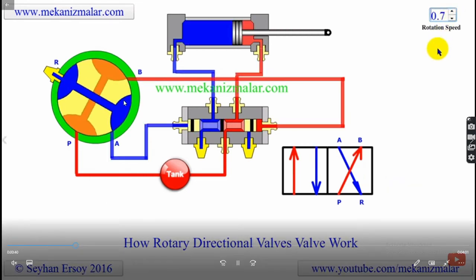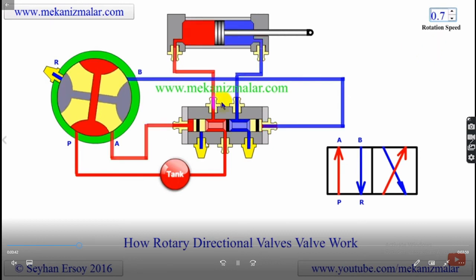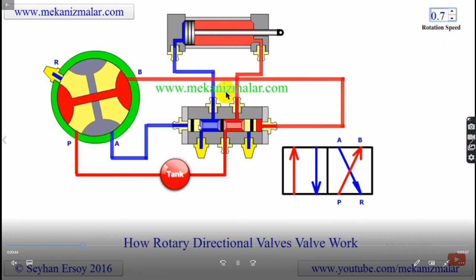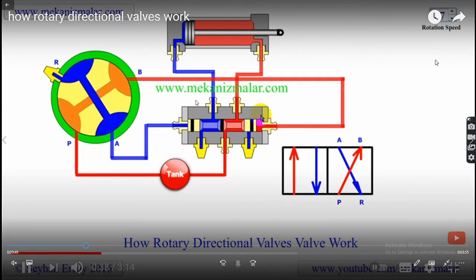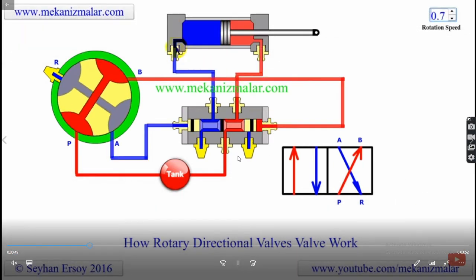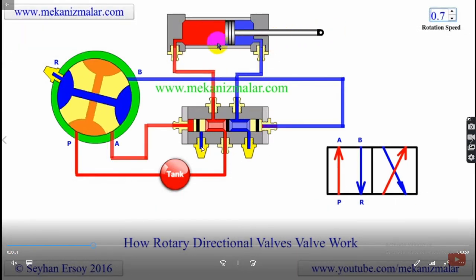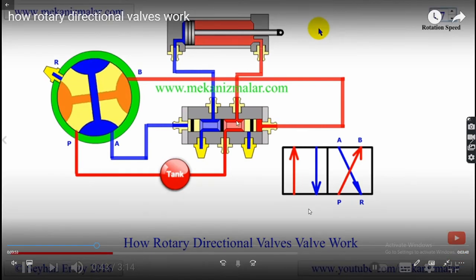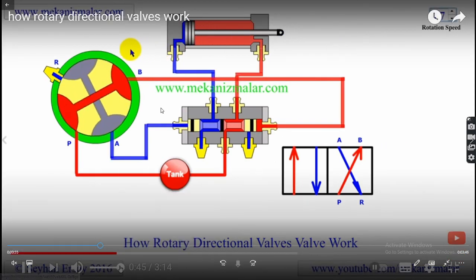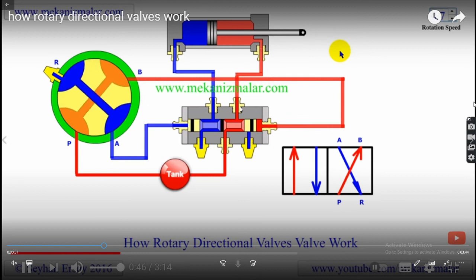See here, both a rotary spool valve and a sliding spool valve are shown. What happens here, how it goes, all these things are shown here.